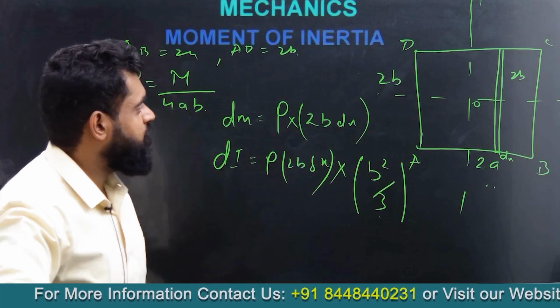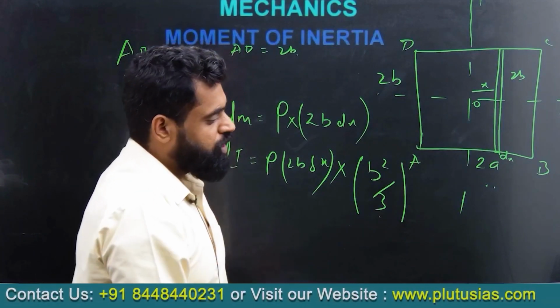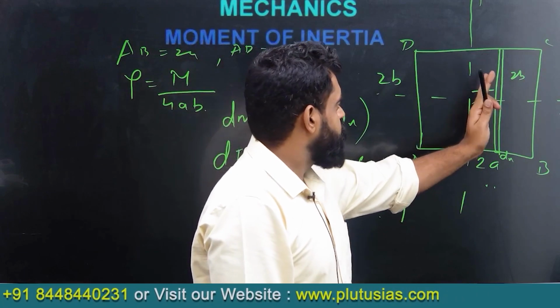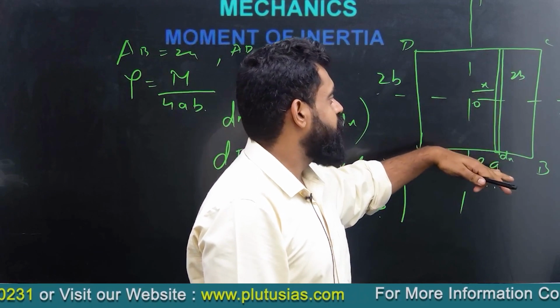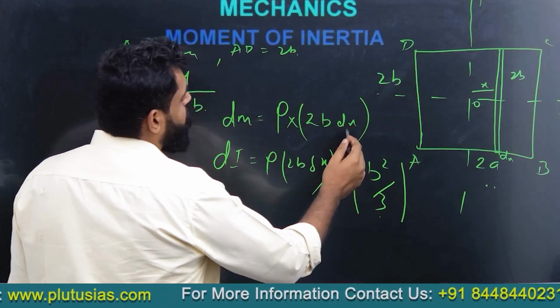Suppose this is at a distance x. If you have taken a sheet such that the length would be 2B and the thickness dx, the mass here would be rho into 2B into dx.